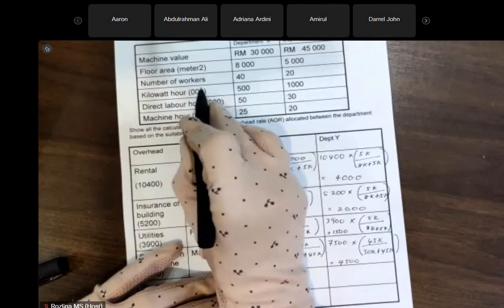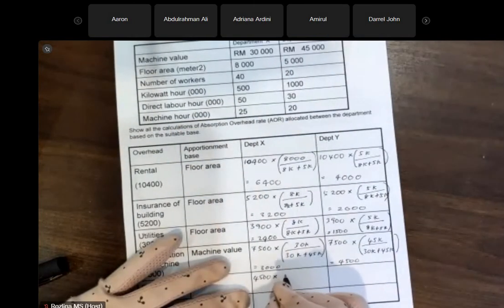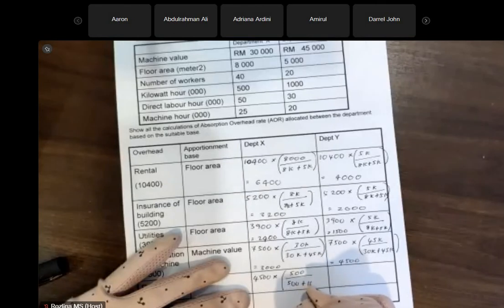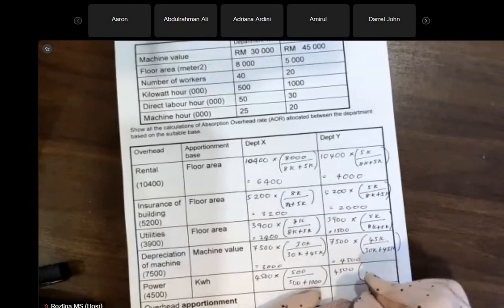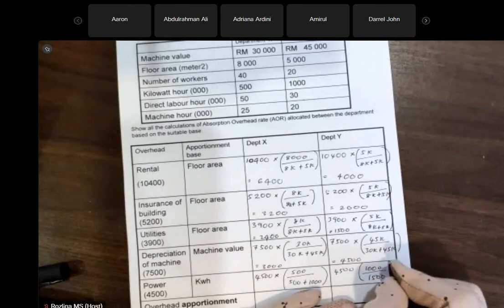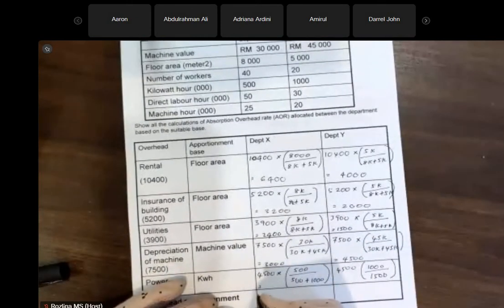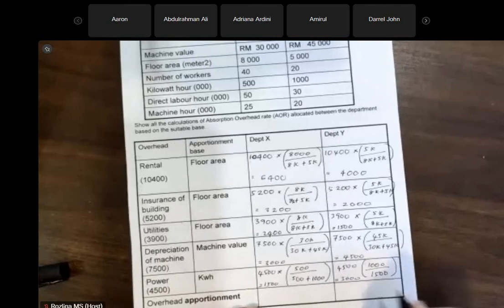Okay, I ignore the 1,000 here, I just take this 500 because it is the same. So you get 1,500 and 3,000.